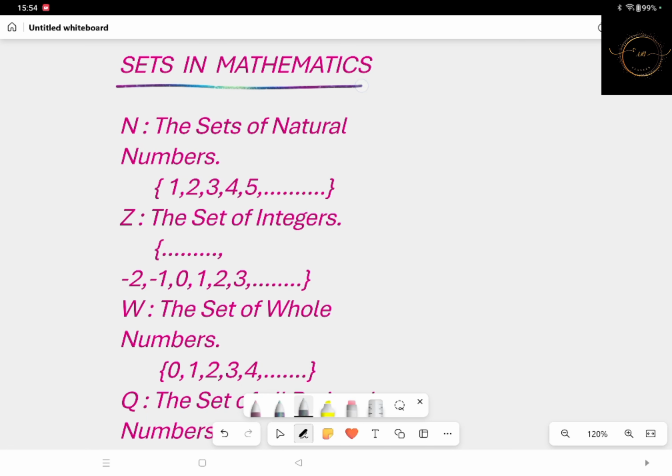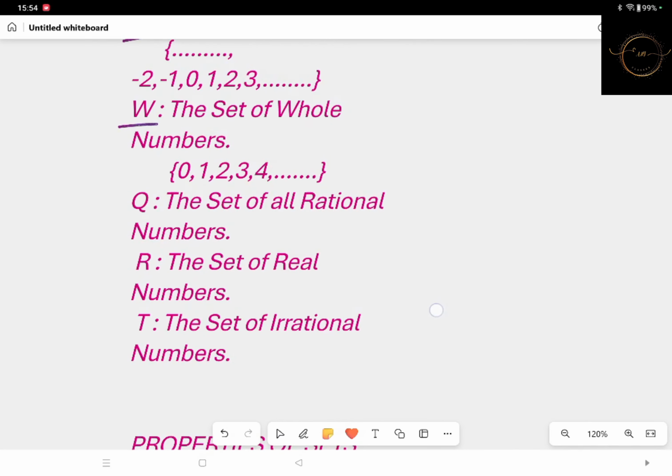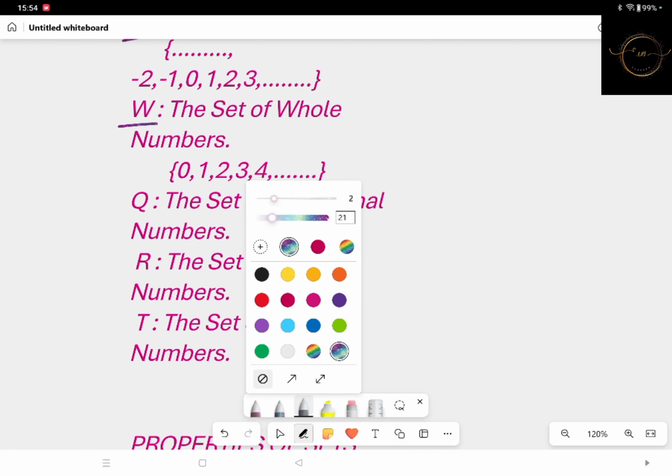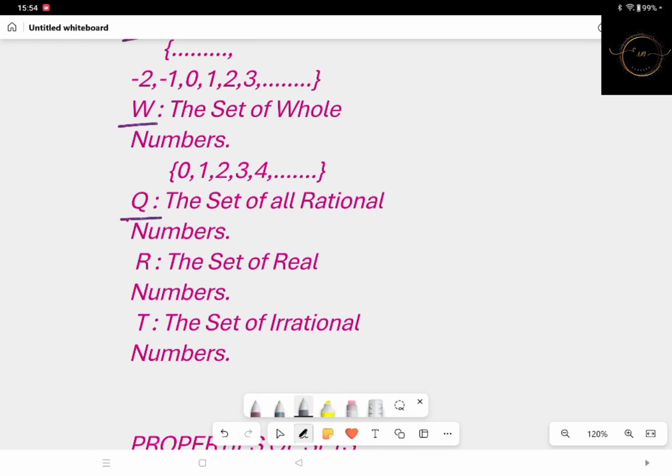Natural numbers are represented by the capital letter N. The set of integers is represented as Z. W is the set of whole numbers and it is represented as capital W: 0, 1, 2, 3, 4, and so on. The set of rational numbers is represented as Q. The set of real numbers is represented as capital R. And the set of irrational numbers is represented as capital T. Remember, when you name any set, it has to be in capital letters and not small letters. I'll discuss it after a while.